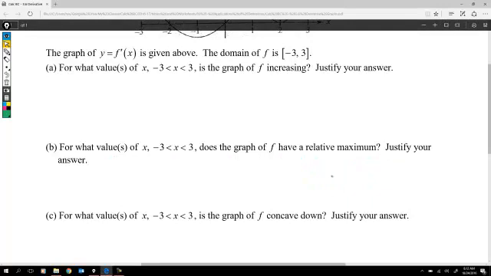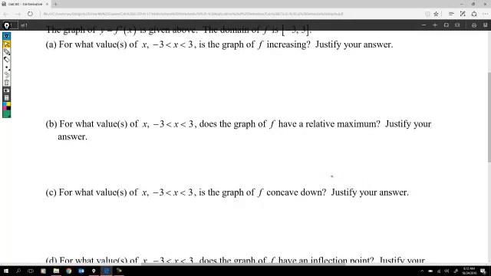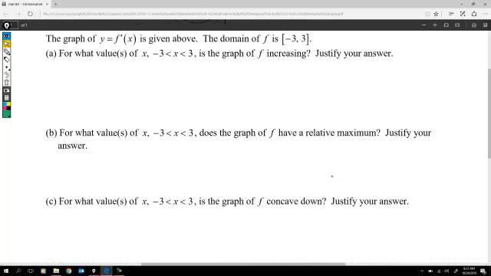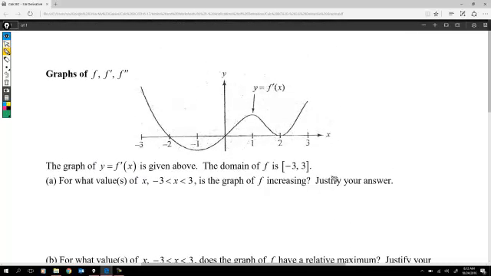Okay, next it's asking me when the graph of f is concave down. Okay, so our concavity in terms of the first derivative has to do with whether I'm increasing or decreasing. Right, so concave down means I want my first derivative to be decreasing. All right, so I'm looking for f prime to be decreasing. It looks like it's decreasing from about here to -1.